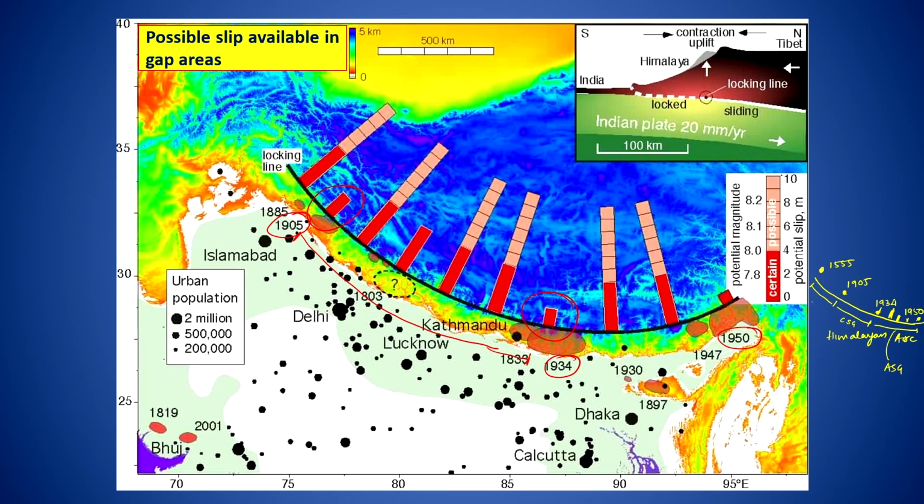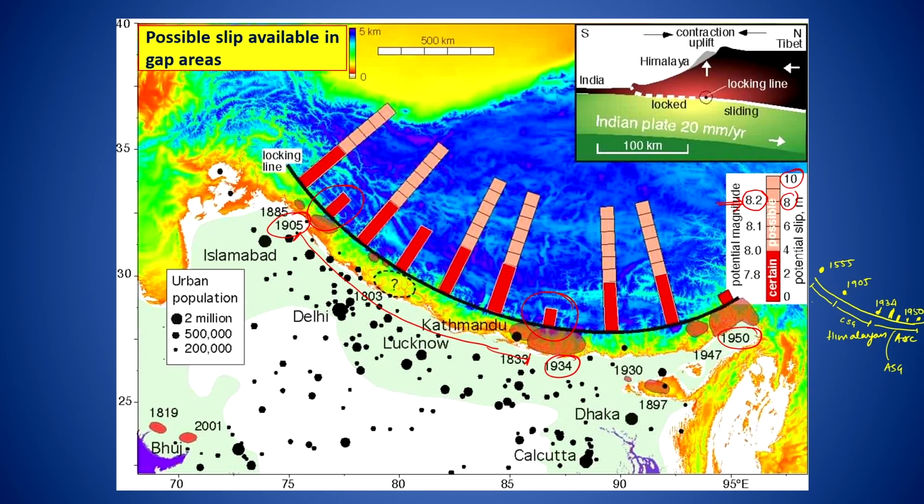So potential slip has been given here, of almost 10 meters on the fault. And what is the possible magnitude you can expect from this? The areas shown with the red and pink bars have potential of slip from 8 to 10 meters and can trigger an earthquake up to 8.2.